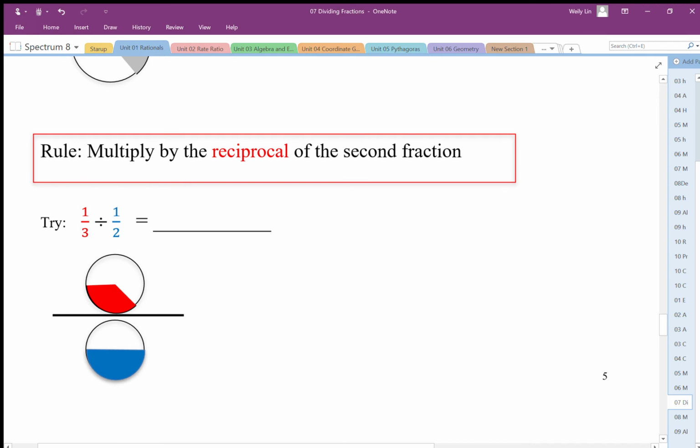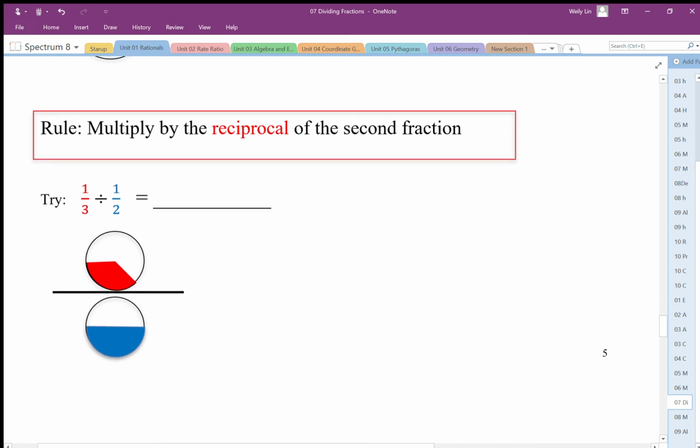So we can convert it to a simpler multiplication by doing this rule. So we change the divide to multiply and we do the reciprocal. So this is basically, we're doing an opposite, opposite, which is okay, that we're doing the right thing if we do the opposite, opposite.